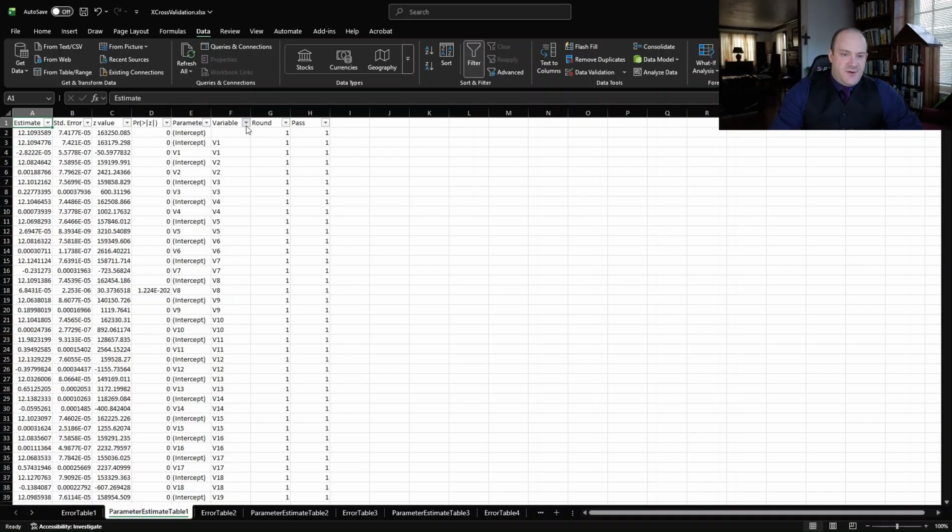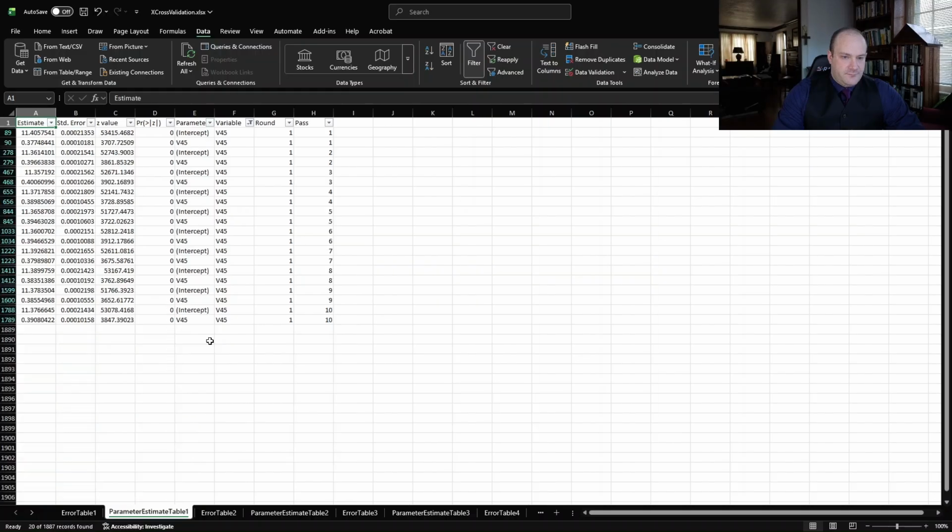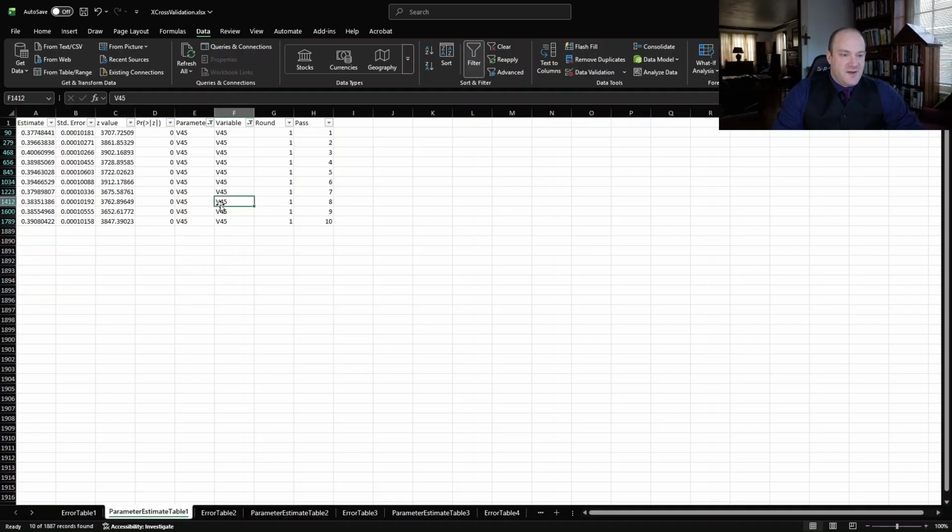And so again, if we take a look at the ones involving V45, here we go. Get rid of the intercept terms, don't care. All right, so what do we see here? These are the parameter estimates on V45. And what do you notice? Well, one, they're all positive. What does that mean?